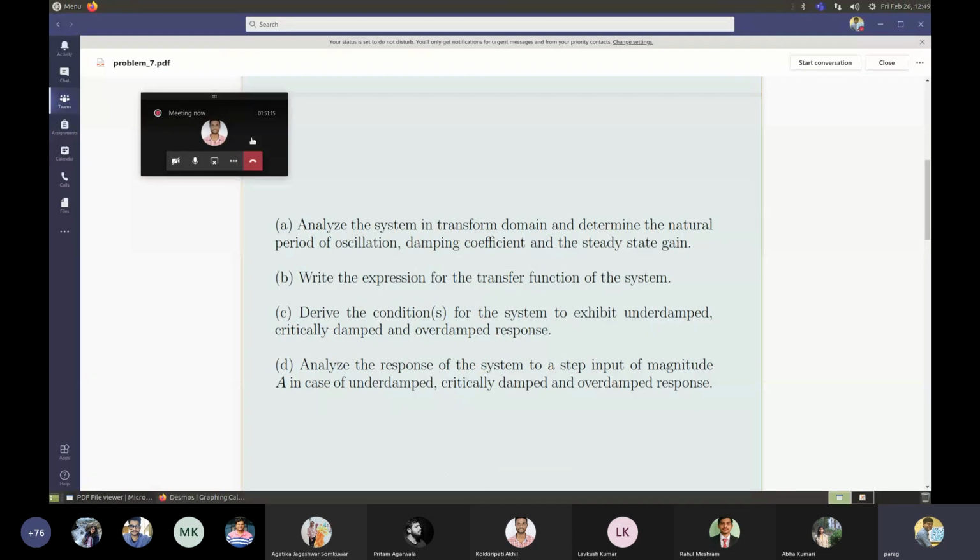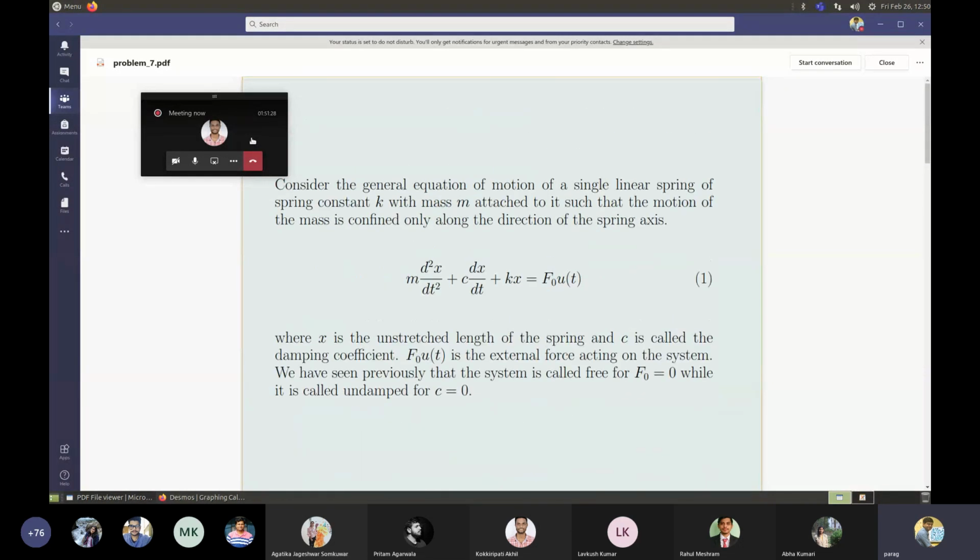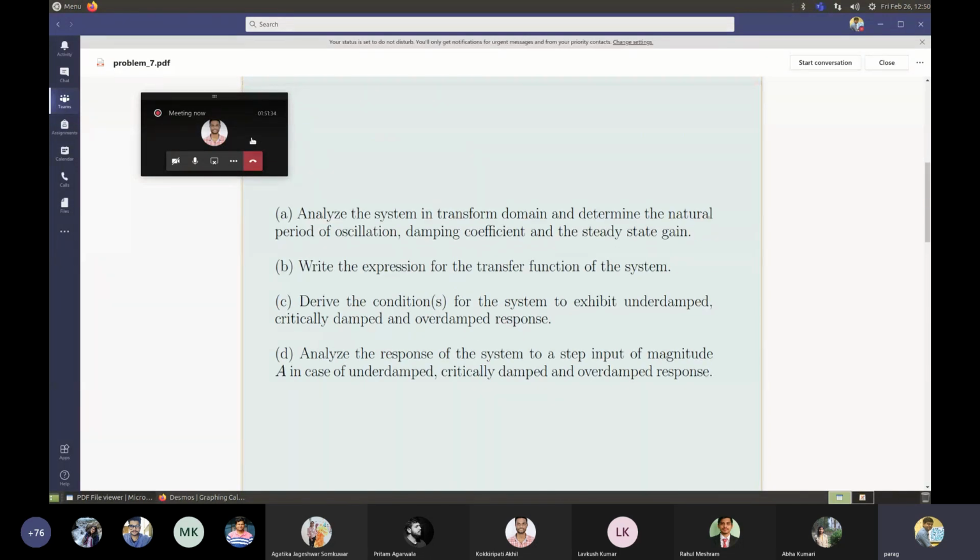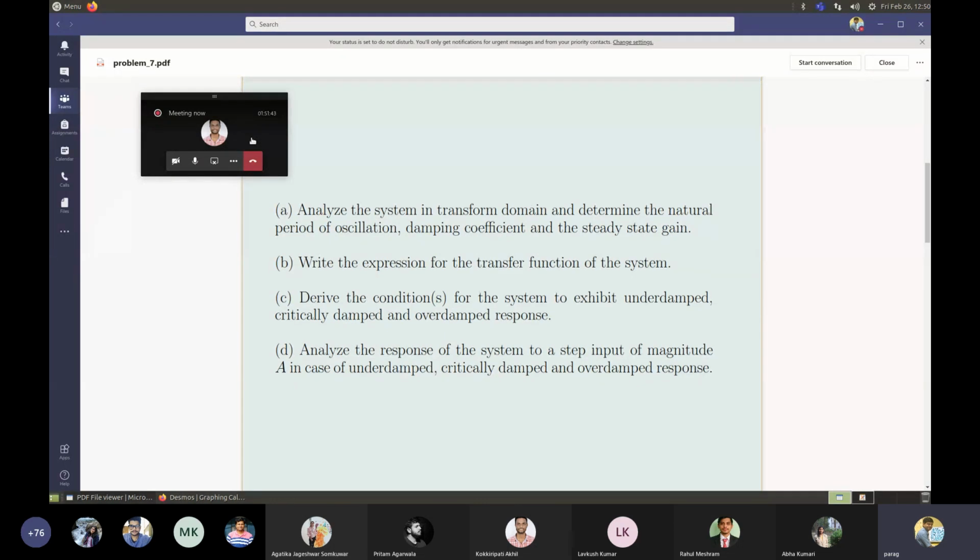So you have to change in this form and determine what will be the natural period of oscillation, damping coefficient, and steady state gain. Write the expression for the transfer function, not the general transfer function, but in terms of this specific M, C, K, and so on. Okay, what would be the transfer function? Derive the condition for system to exhibit underdamped, critically damped, and overdamped response, and analyze the response for step input.